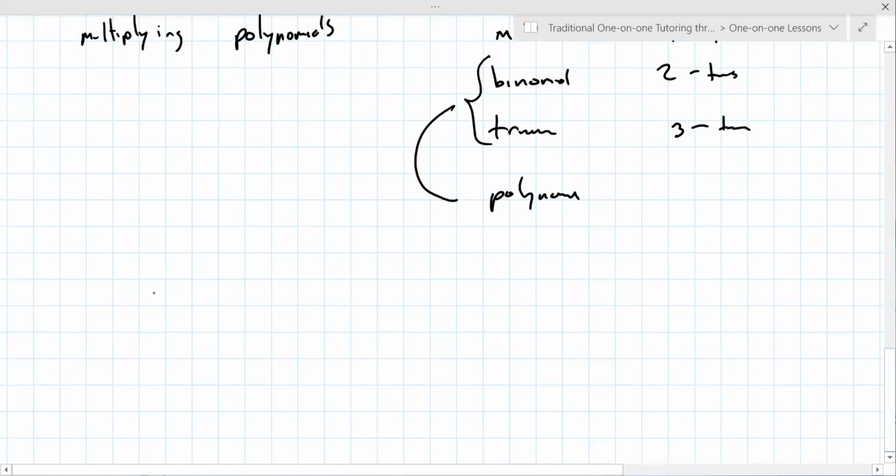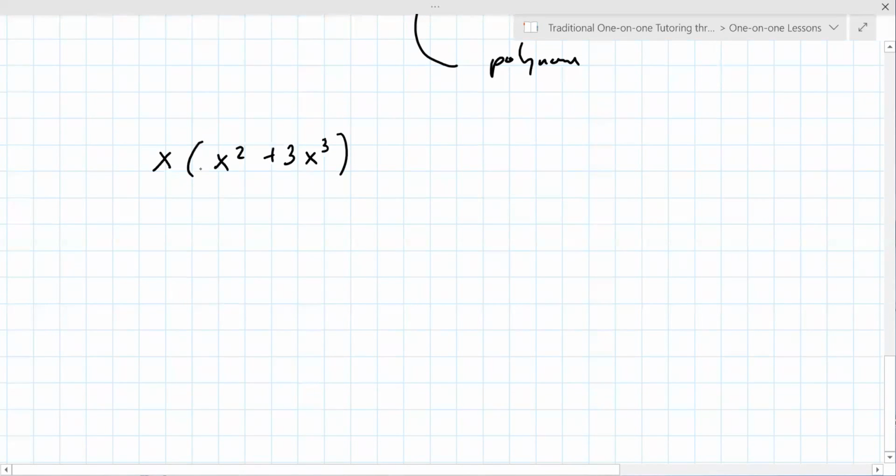Okay, so here's a basic thing. x times x squared plus 3x cubed. This is like distributing a negative. You're distributing the x to both. So this is like x times x squared plus x times 3x cubed.